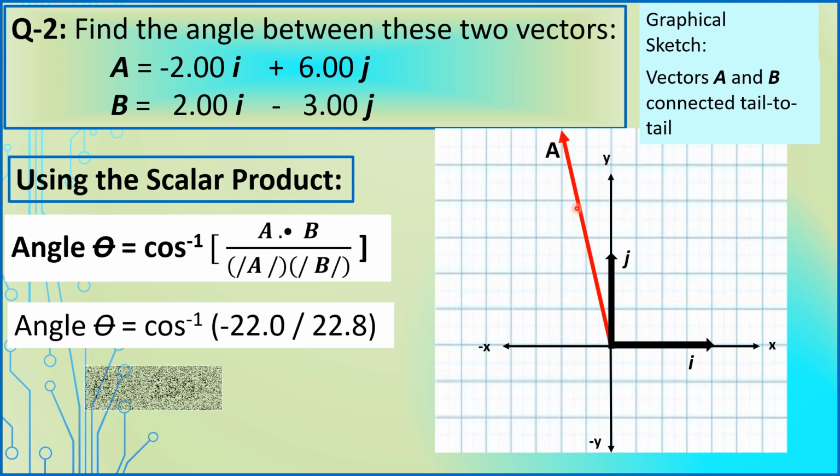So that is how we were able to come up with this drawing. While for vector B, following also its notation, its x component is positive 2.00, while its y component is negative 3. So that is how we were able to figure out the magnitude as well as the direction of vector B.